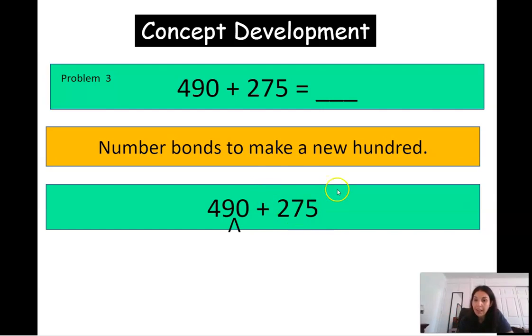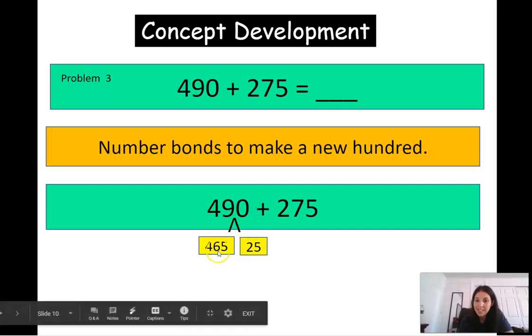So 275, in order to bring that to its next 100, if you think about quarters, remember 25, 50, 75, 100, and you're counting in groups of 25. So we need 25 to add to 275, okay? So then what are we left with after we take 25 from 90?